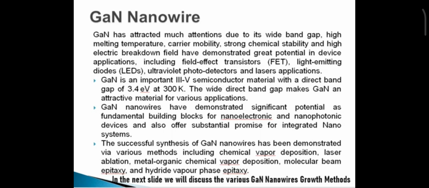The successful synthesis of gallium nitride nanowire has been demonstrated by various methods including chemical vapor deposition, laser ablation, metal organic chemical vapor deposition, molecular beam epitaxy, and hybrid vapor phase epitaxy.